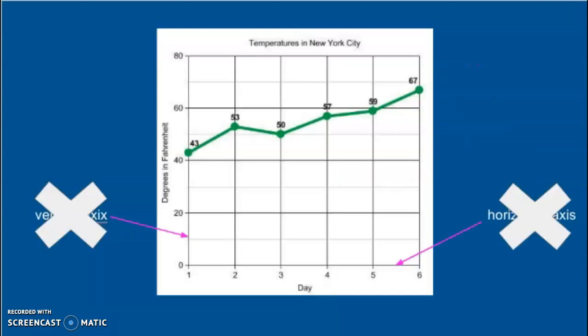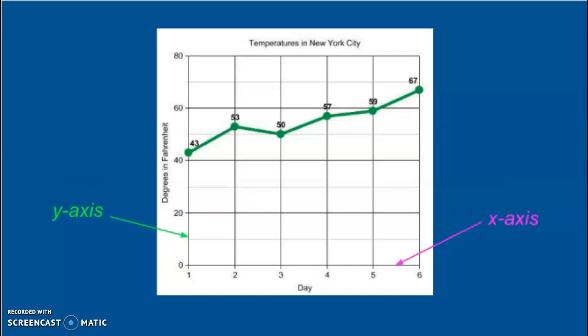In 5th grade and all grades for the rest of your life, we will no longer refer to the axes as the horizontal and vertical axes. We will refer to them as the x-axis and the y-axis. The x-axis is the same as the horizontal axis, and the y-axis is the same as the vertical axis.